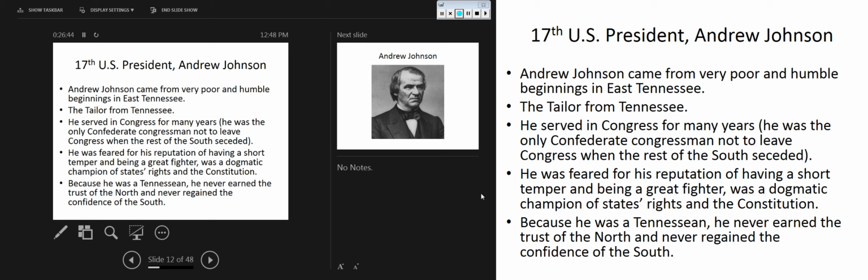He served in Congress, but he's the only Southern congressman from a former Confederate state who didn't go with the South and stayed in the Union. So he's kind of like Clement Vallandigham that we talked about. Remember Clement Vallandigham? He was the Copperhead who neither side trusted. That's kind of like Andrew Johnson.